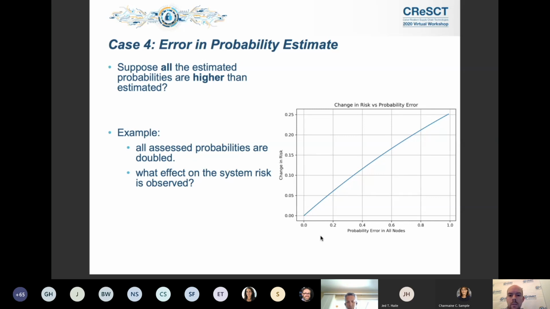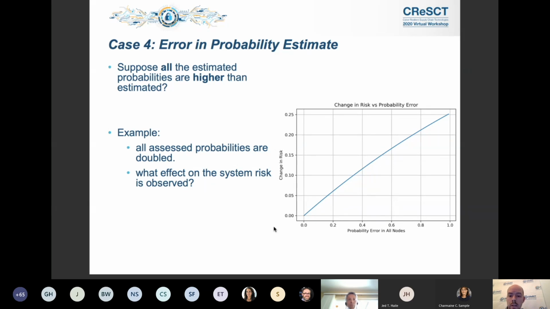So we plot this on the right, where we have the probability error on the horizontal axis. The base is always 0.05, but if we add 100% of that, then that would be represented on the right of the graph. The vertical axis, again, shows the change in risk.